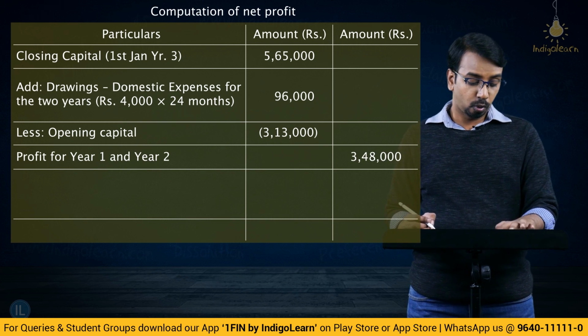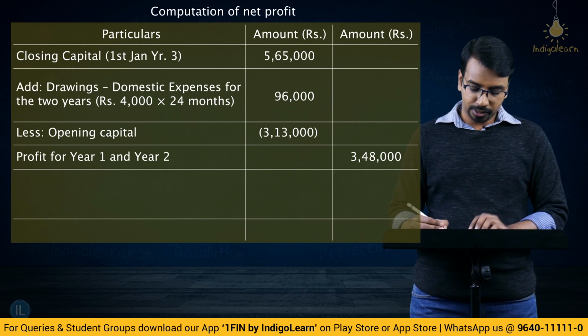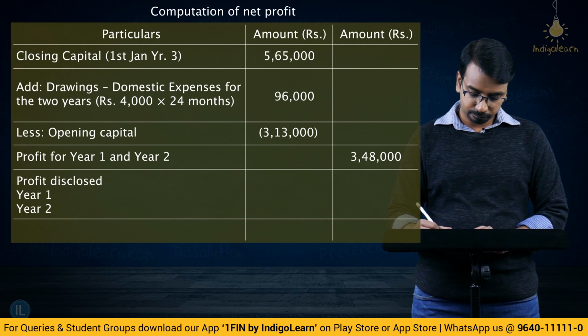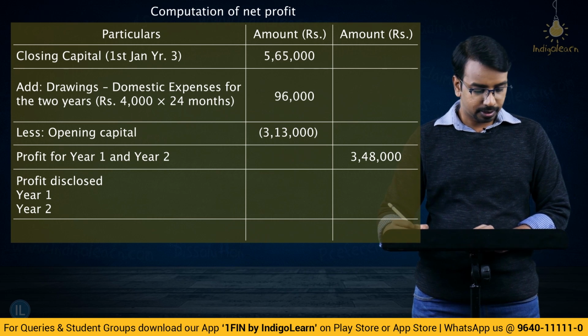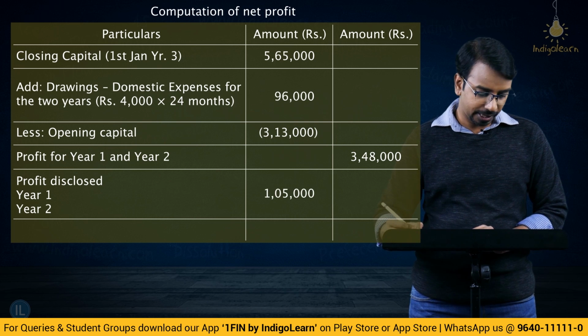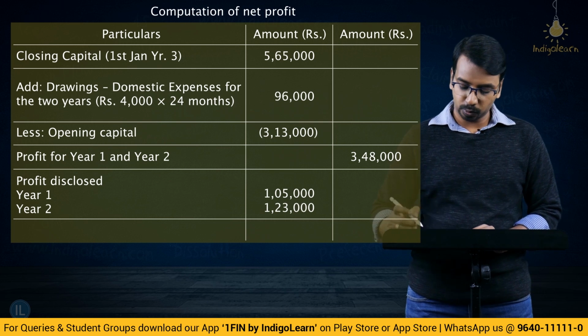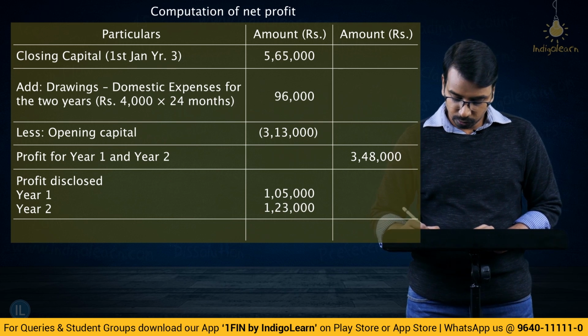Now what was the profit that was disclosed for year 1? For year 1, he had disclosed 1,05,000. For year 2, he had disclosed 1,23,000, right. So what is the total profit disclosed?